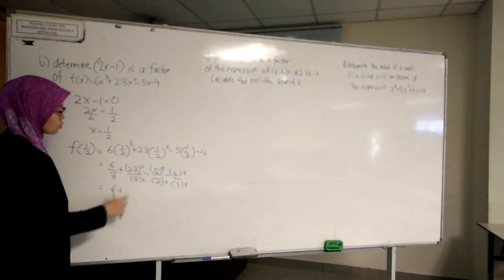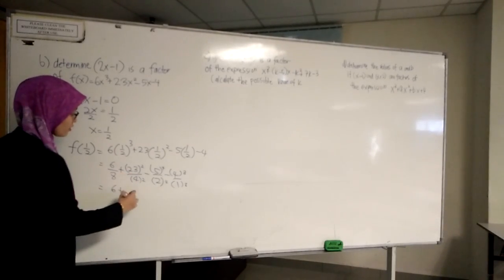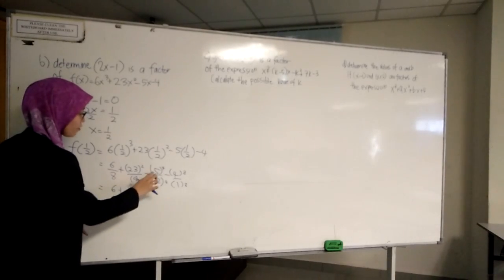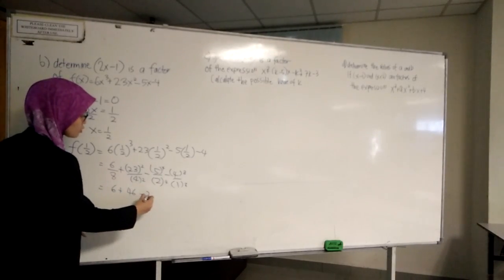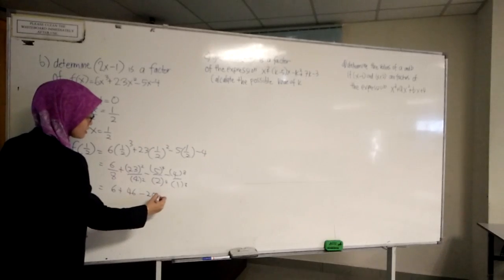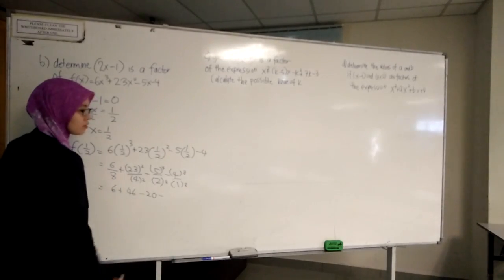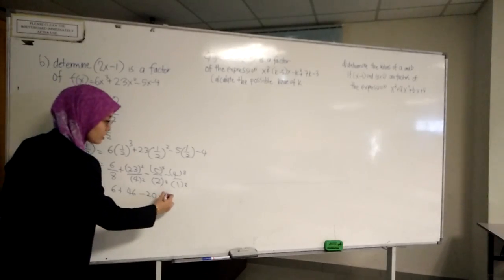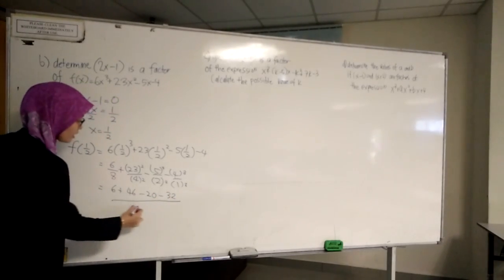23 times 2? 46. Okay, minus 5 times 4, which is 20, minus 4 times 8, 32. Okay, divide by 8.